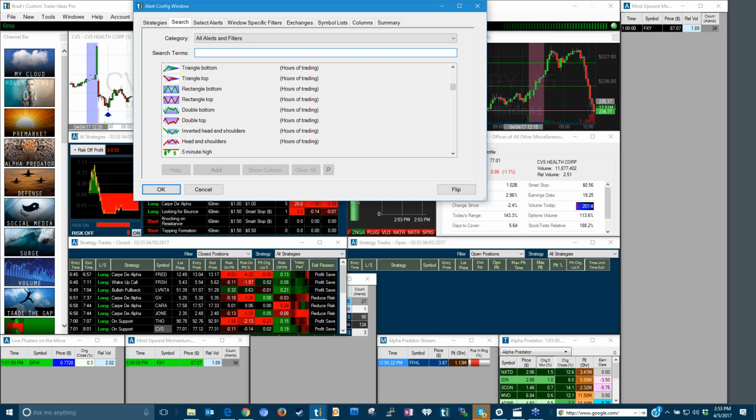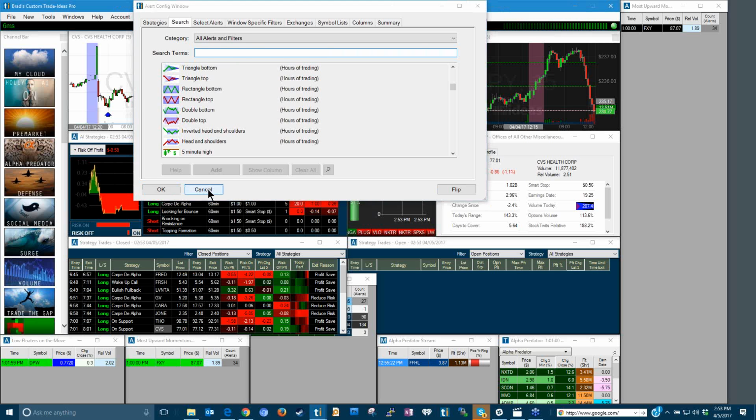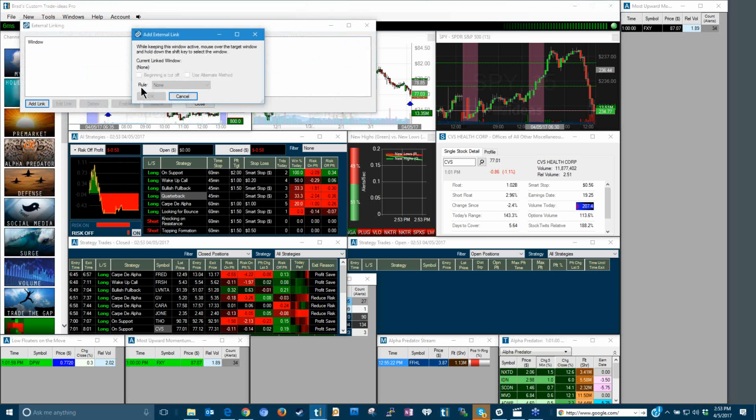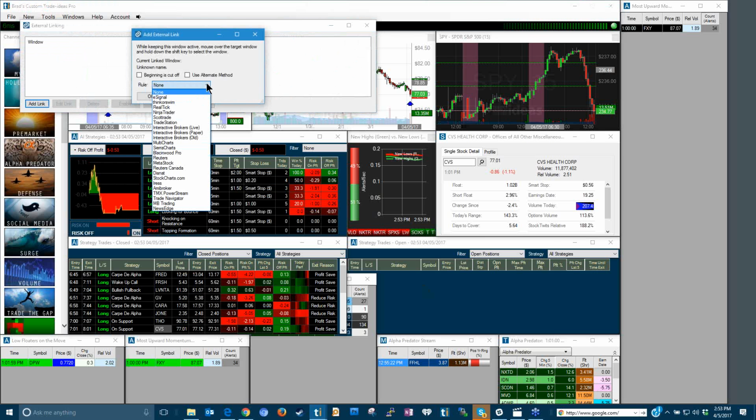So, linking to the TradeStation charts. Don, send me an email and I can help you. I don't have TradeStation up right now. It should be pretty easy because I believe we've redone this TradeStation option right here.